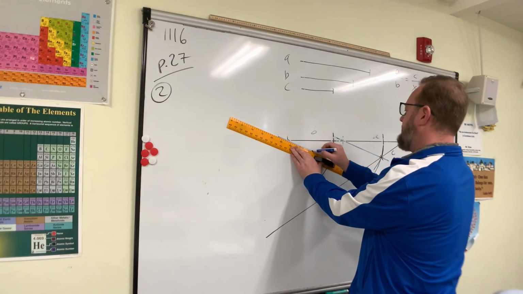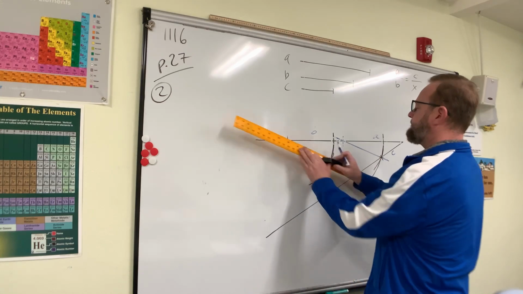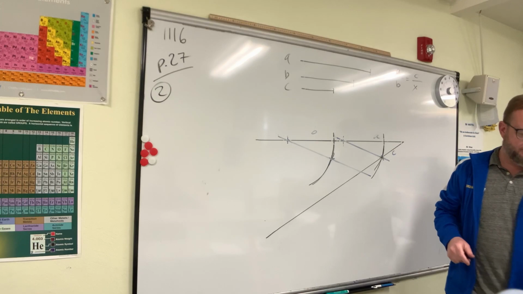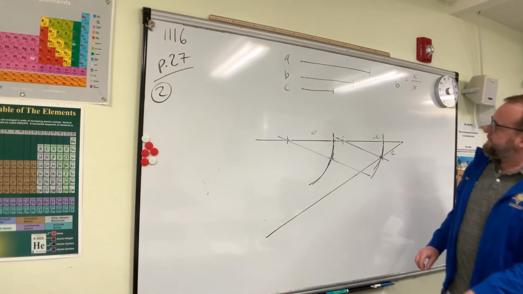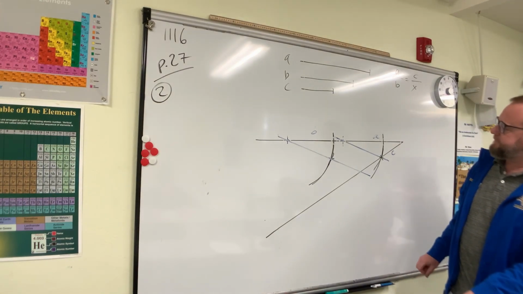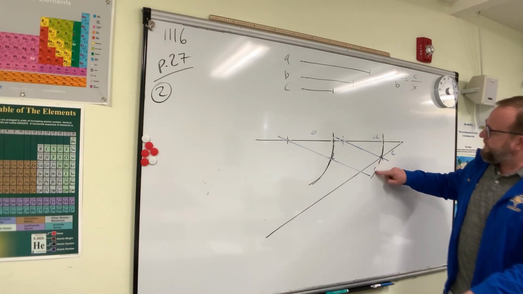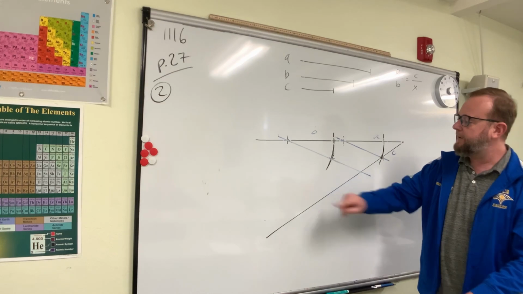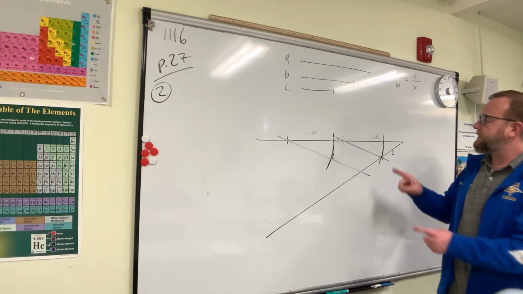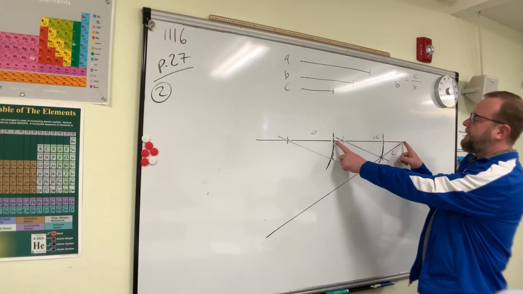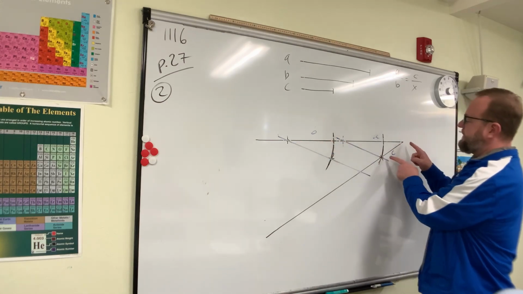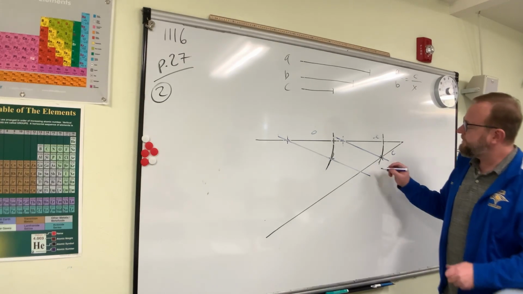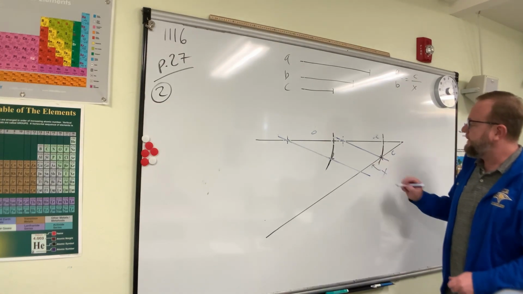Not very dark. I hope you can see that. This is a little extra. So there's A, B, C, and this, we now know x. That distance there is the x.